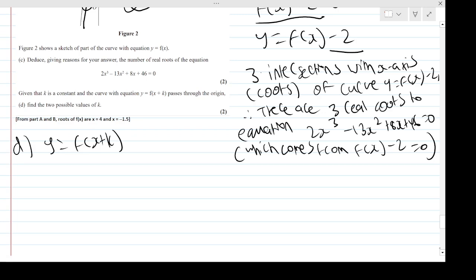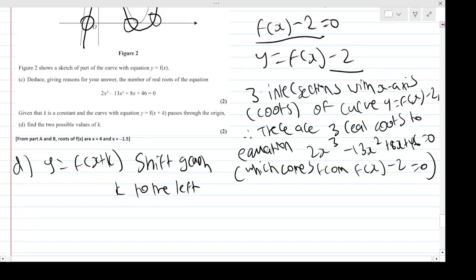So anything inside the function is going to do the opposite of what we expect. So instead of adding k, we're going to subtract k. So it's going to move to the left, right? So we're going to shift the graph k to the left, right?